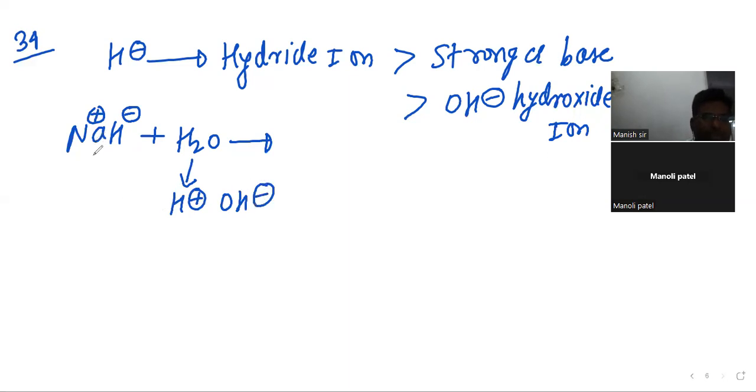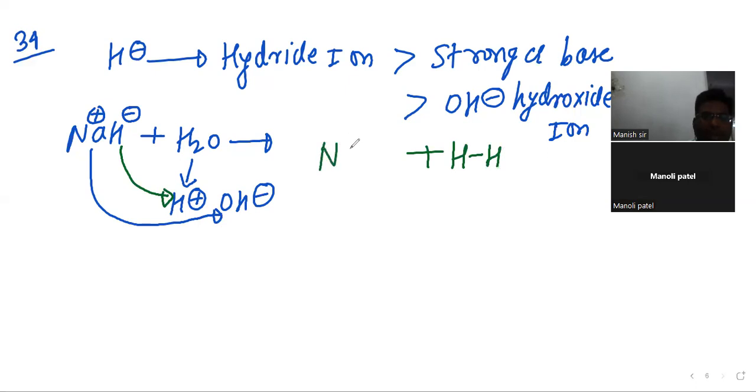So this Na plus will attract this OH minus, and this H minus and this H plus will combine to form hydrogen gas, H2. And the other product will be NaOH. Understood? So this will be the reaction.